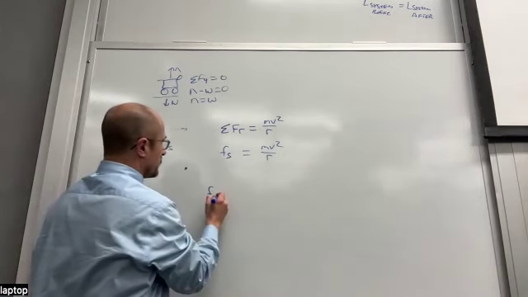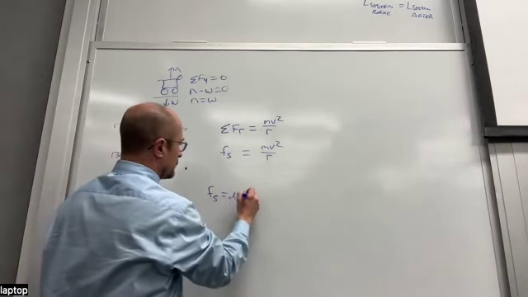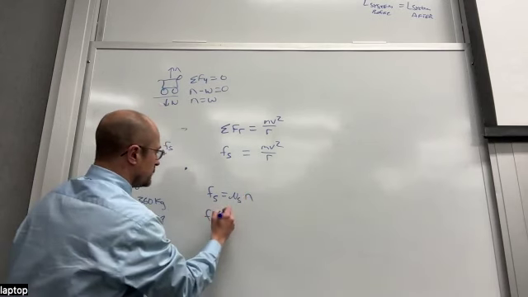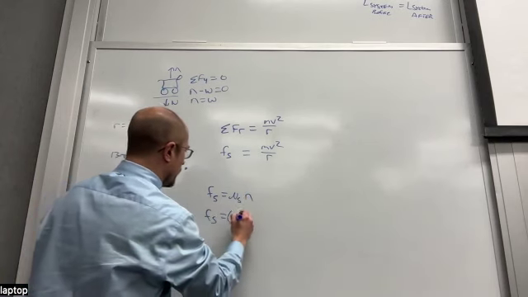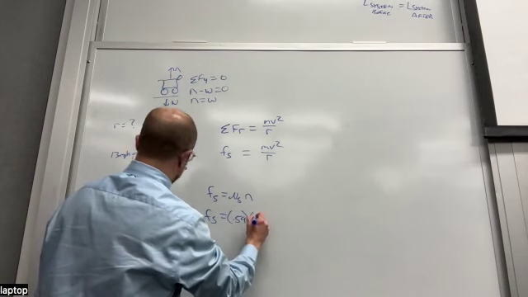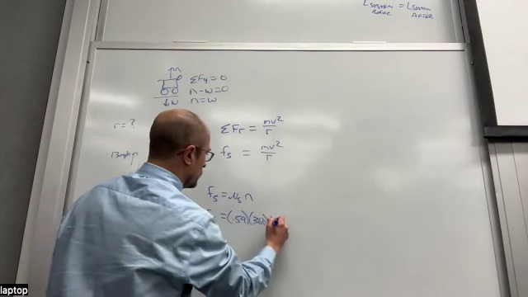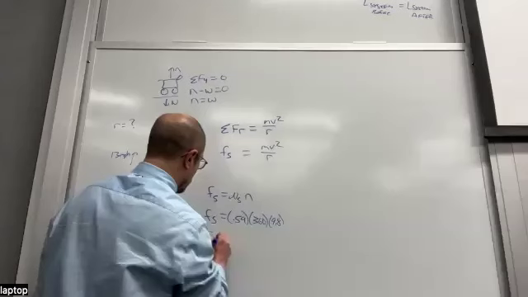So our friction force is going to be mu static times the normal, which in this case is 0.59 times 360 times 9.8.